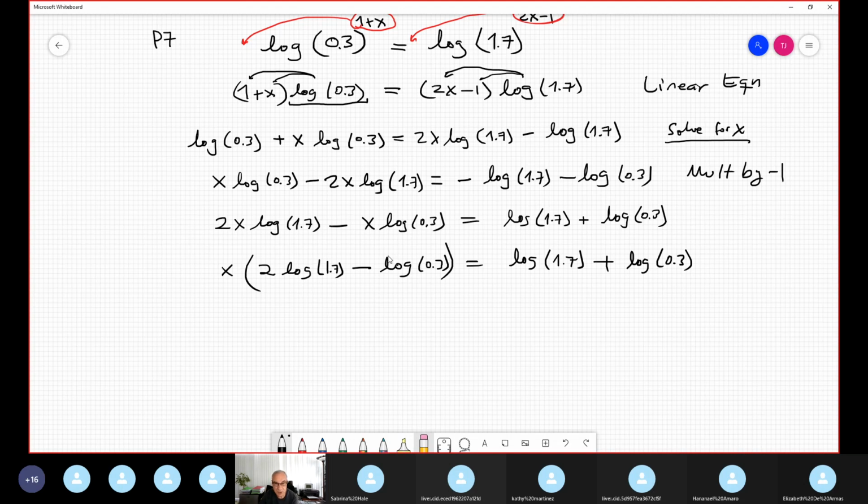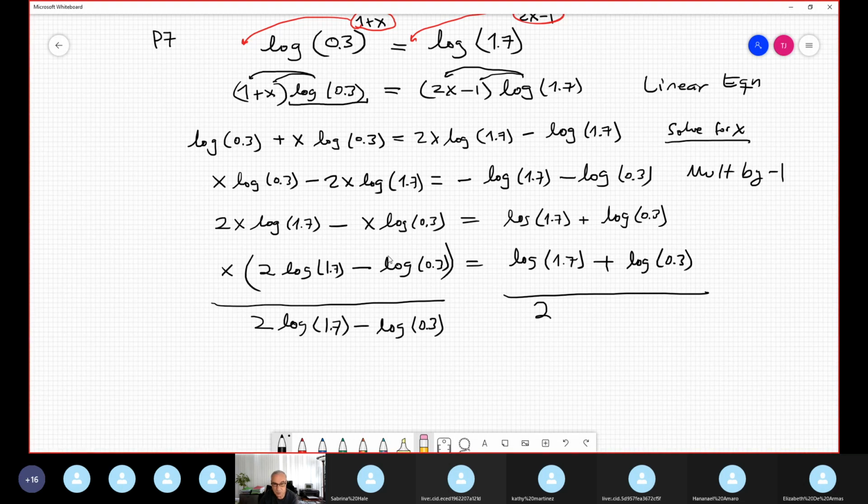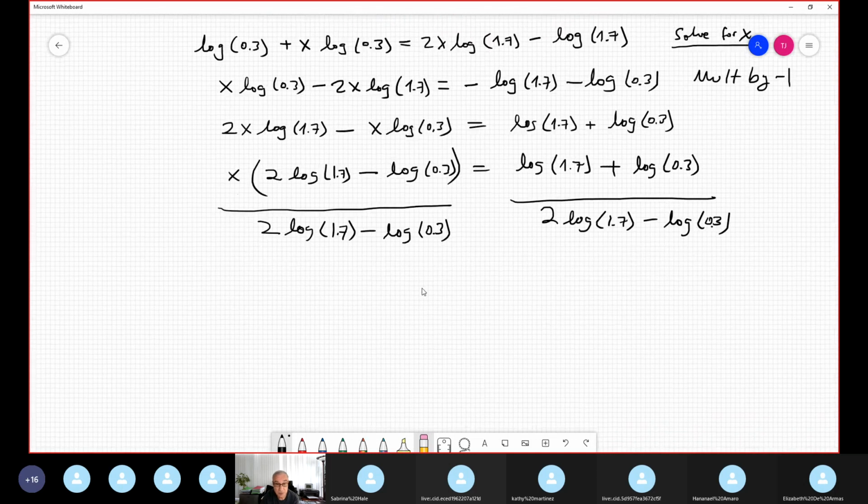Now finally, divide both sides by this factor, 2 logarithm 1.7 minus logarithm 0.3. Then this is only x, which is my intention, of course.